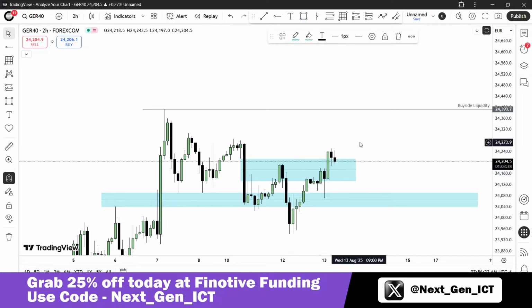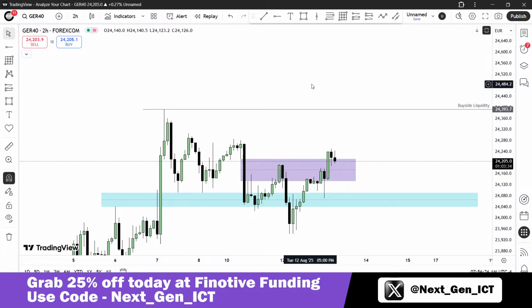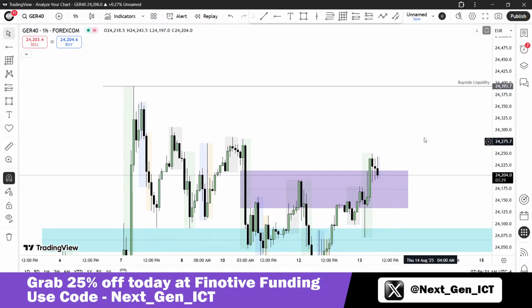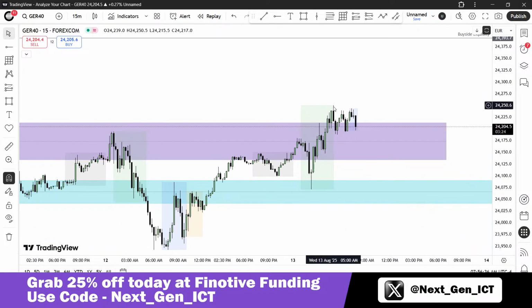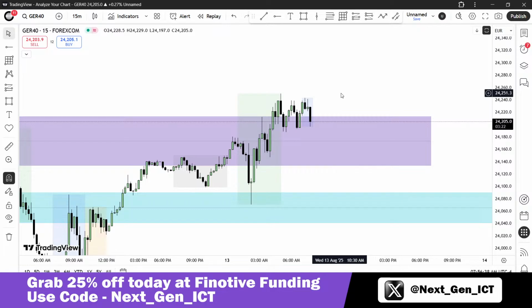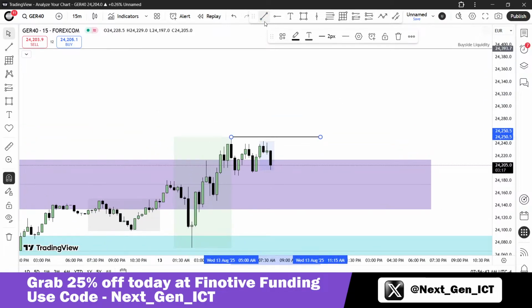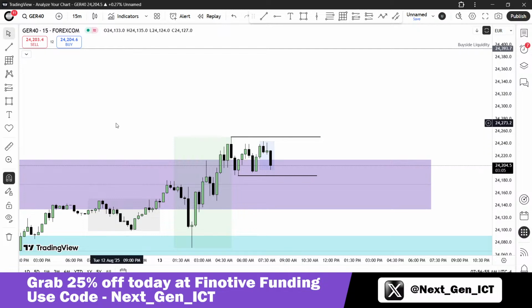So we closed out this inversion fair value gap, right? But right now, let it break above this high, or below this low. One of these two things happens, then you can look for your setup.